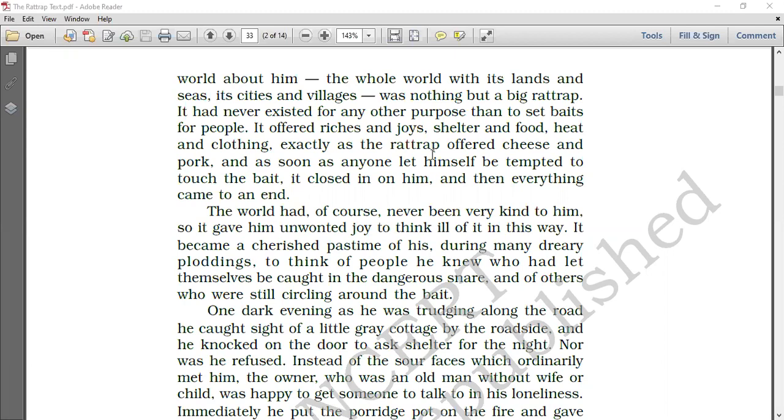It offered riches and joy, shelter and food, heat and clothing, exactly as the rattrap offered cheese and pork. As soon as anyone let himself be tempted to touch the bait, it closed in on him, and then everything came to an end. You understand that? Likewise, here you can also see that. The remaining we will discuss in tomorrow's class.